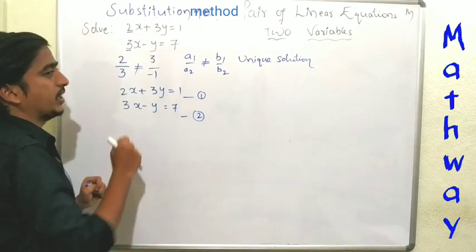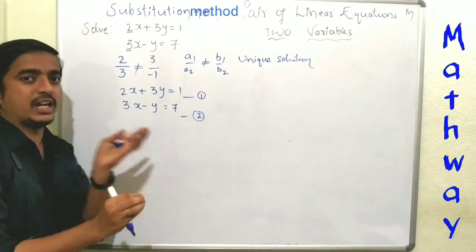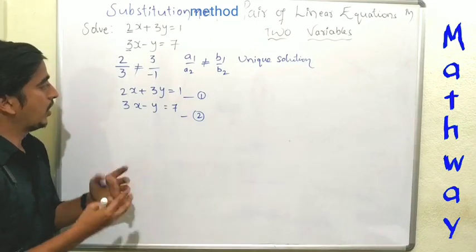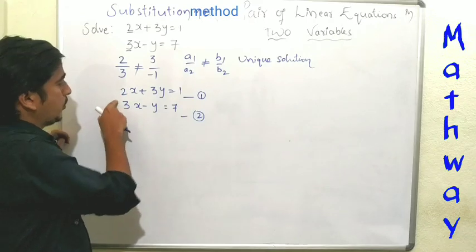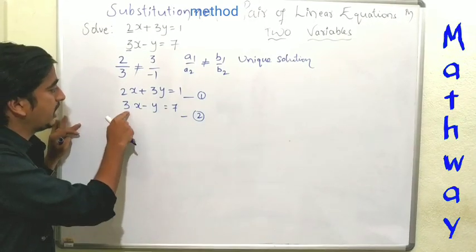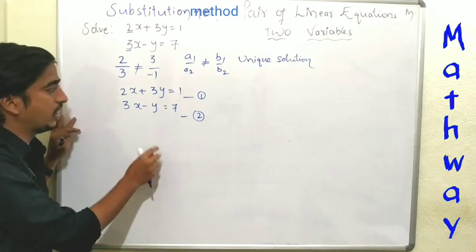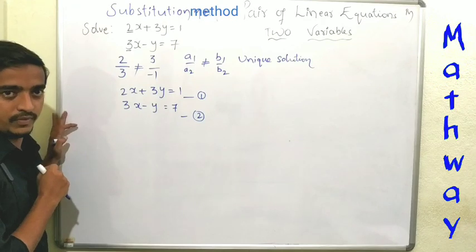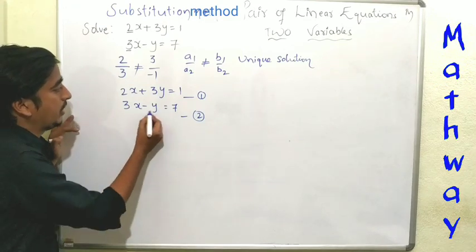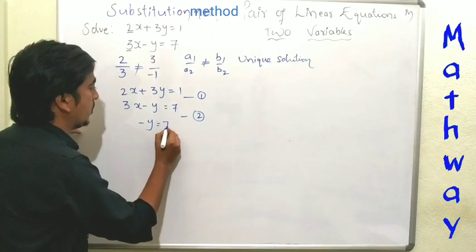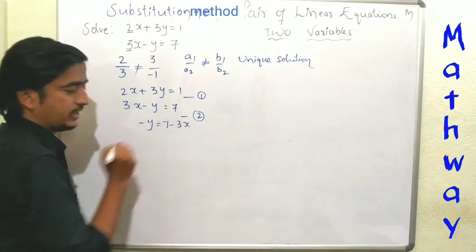Now substitution means we have to replace one term with another. Among these two, the second equation is very simple because it has 3x minus y, a single y. So from the second equation I am writing the y value. If you transpose 3x, we get minus y equals 7 minus 3x.